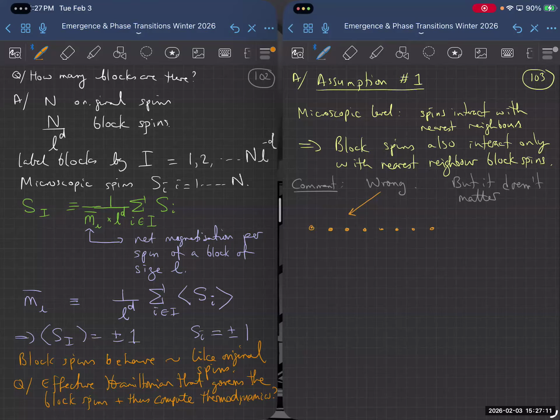It can happen in some kind of disordered systems. So let's suppose this spin interacted with this one, and then this one interacted with this one, and so on and so forth. So you only have next nearest neighbor interactions.